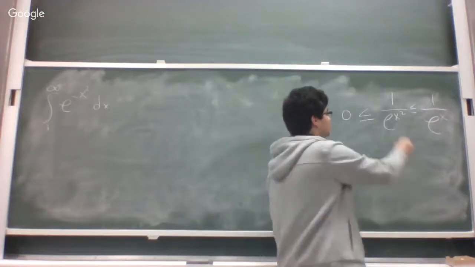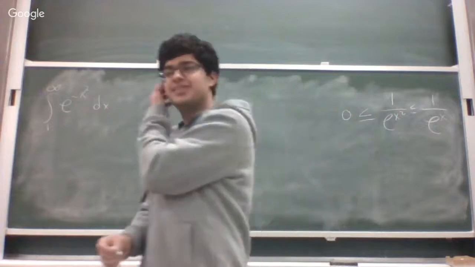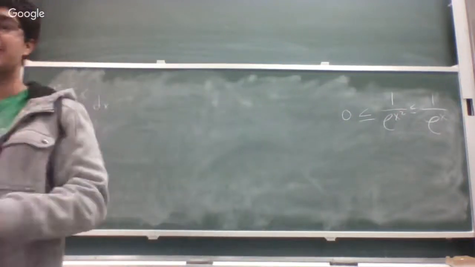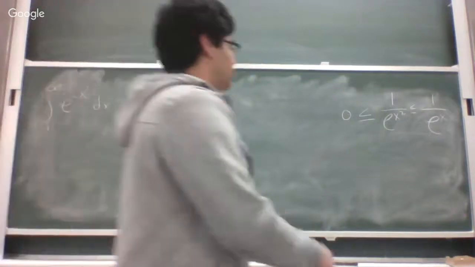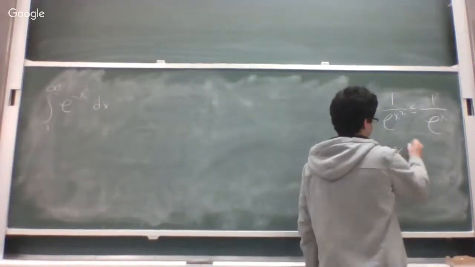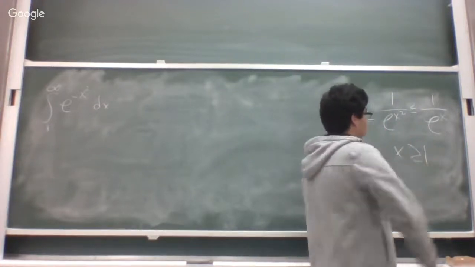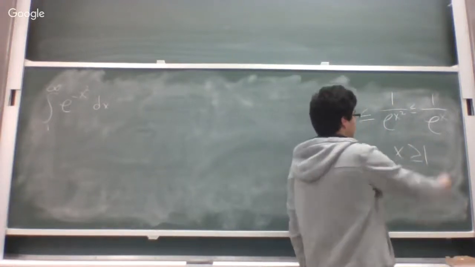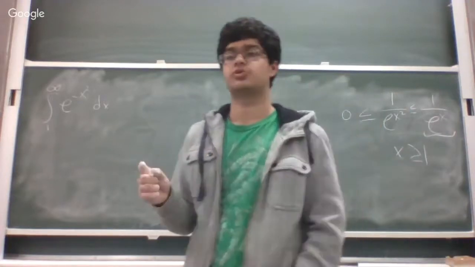You try to choose something similar to it. There are so many functions you could pick, but you try to find a function that's very similar to it, for x greater than or equal to 0. So do you see? Now we know 1 over e to the x is bigger than 1 over e to the x squared.